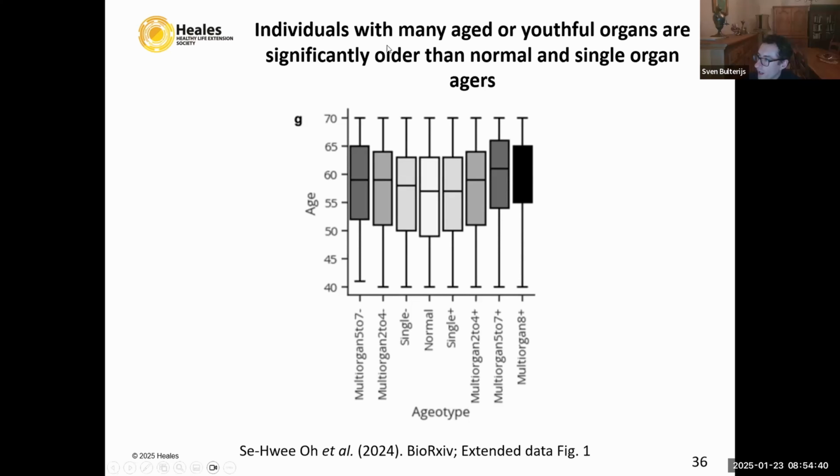Interestingly, people who are above normal in a single organ tend to be older, and that's true for people who are positive or negative ages of that organ. So here you have normal, and here you have people who are less aged in one organ, less aged in 2 to 4 organs, less aged in 5 to 7 organs, and here more aged. And you can see that in both cases, the people are chronologically older.